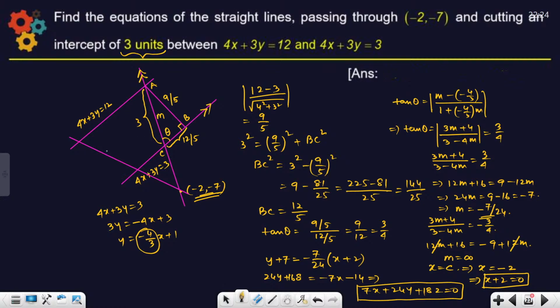This length will also be equal to 3. So there are two such possible lines. And their equations will be, one equation is 7x plus 24y plus 182 is 0, and another one is x plus 2 equals to 0. Is it clear to all? Absolutely? Okay.